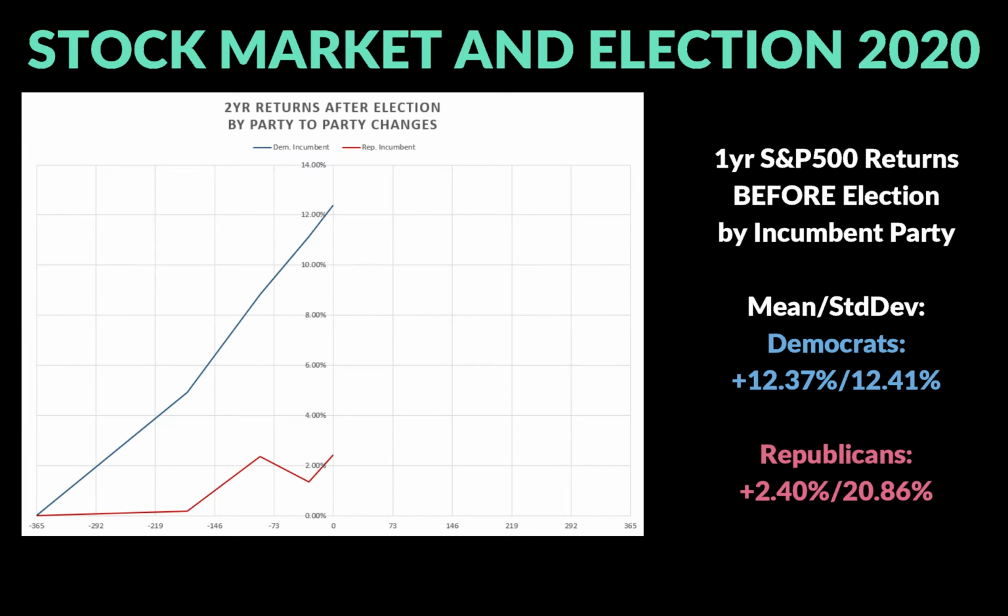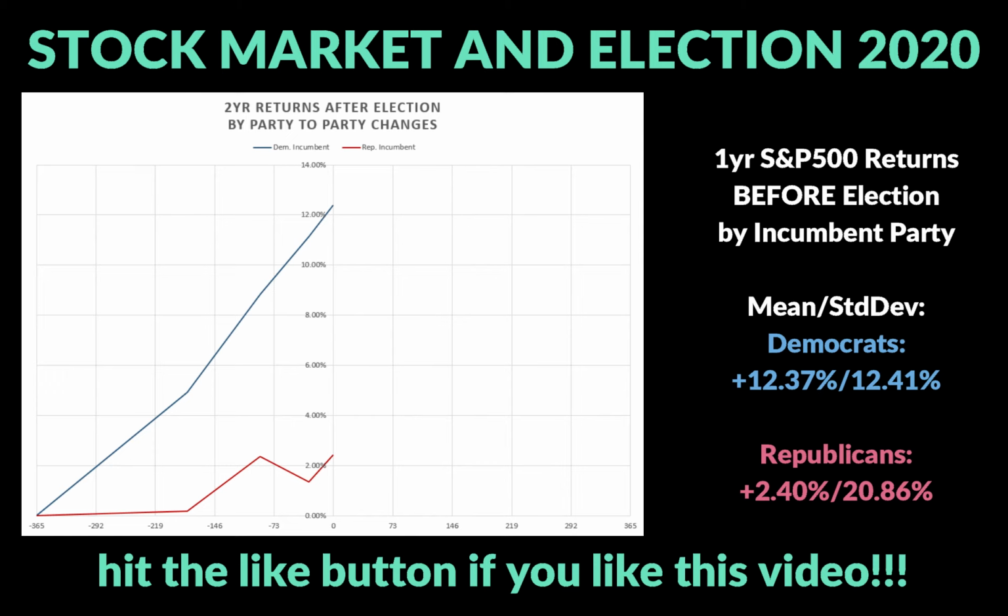So looking at the run-up to the elections, this was one of the things I thought was pretty interesting about all of this analysis: when you had a Republican in office, the returns tend to be pretty low and the variation was pretty high, whereas with the Democrats, you had a pretty high return in the run-up to the election and then a pretty low variation.